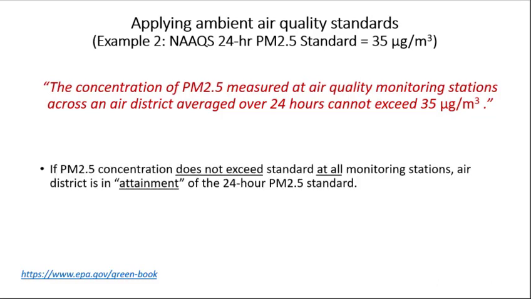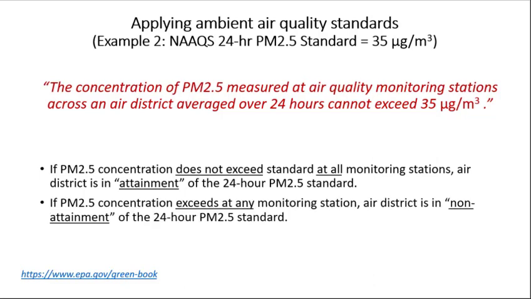Therefore, if PM2.5 concentration does not exceed the standard at all monitoring stations in an air district, the air district is in attainment of the 24-hour PM2.5 standards. If the PM2.5 concentrations averaged over a 24-hour period exceed at any monitoring station the ambient air quality standard of 35 micrograms per meter cubed, the air district is in non-attainment of the 24-hour PM2.5 standard.